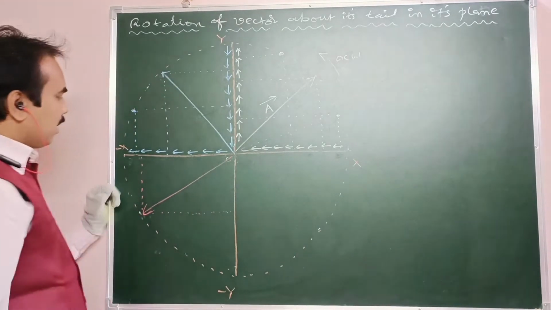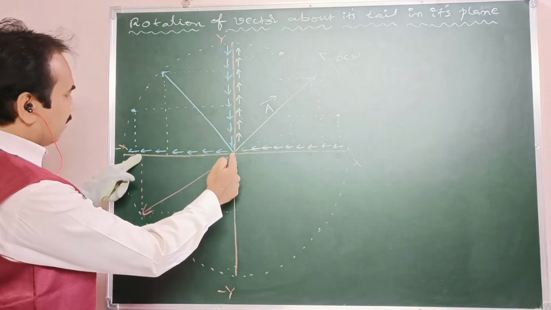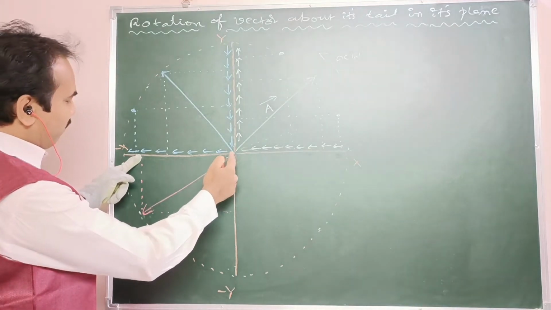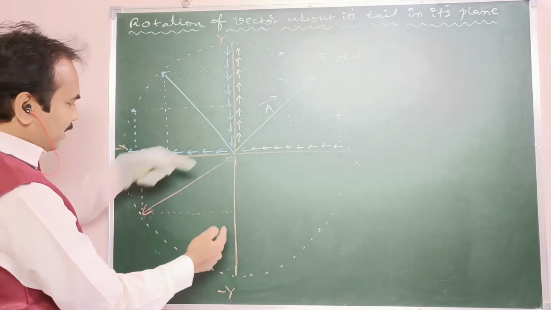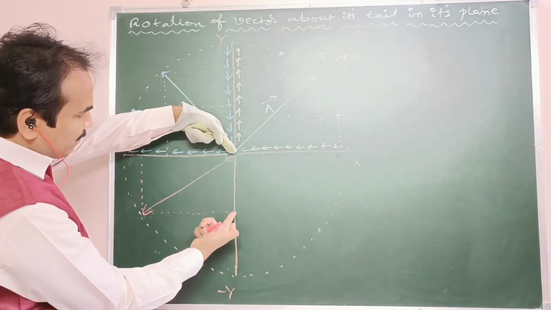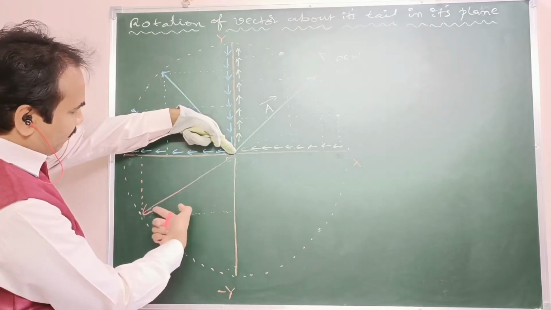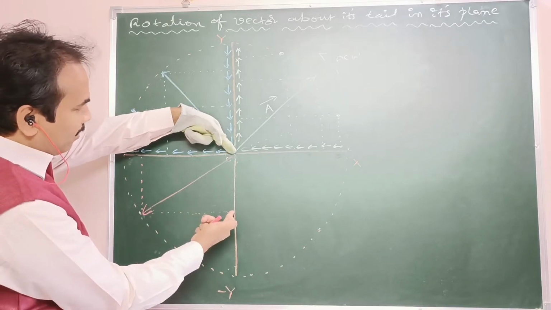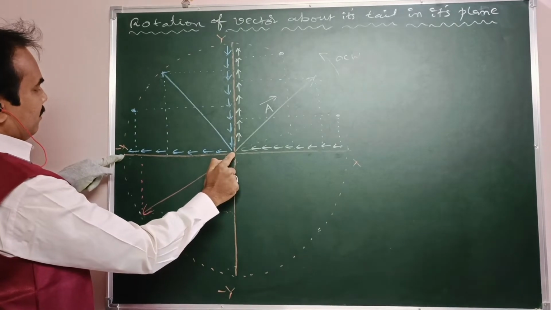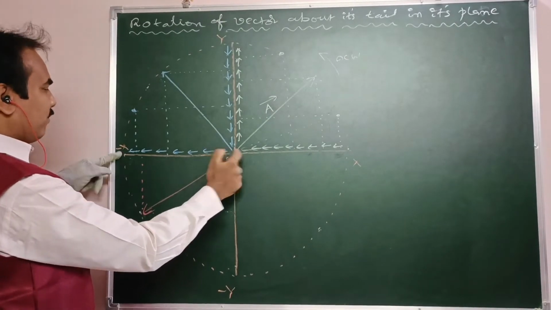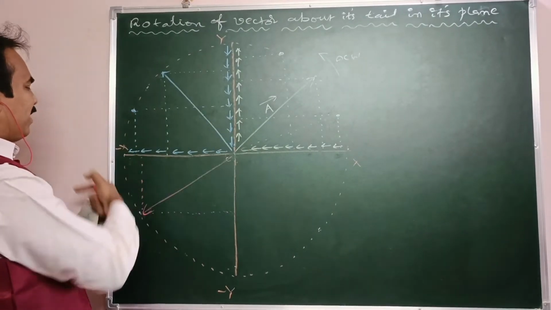Now this is the projection, or length or magnitude, of this vector along the negative x axis. At the same time, this measurement is the projection of the given vector along the y axis. Previously this was the total length on the x axis when it aligned with the negative x axis.